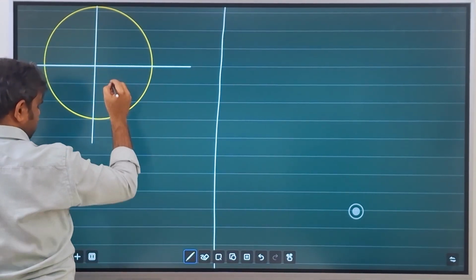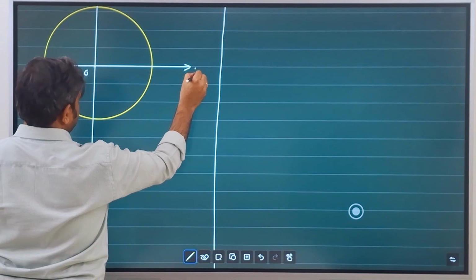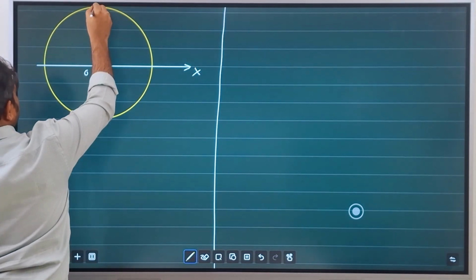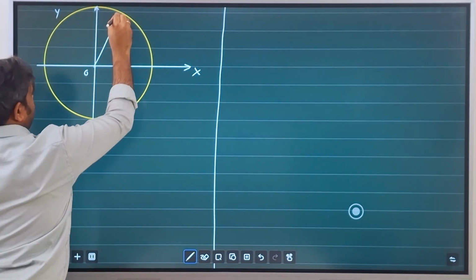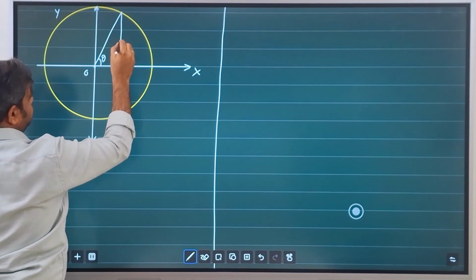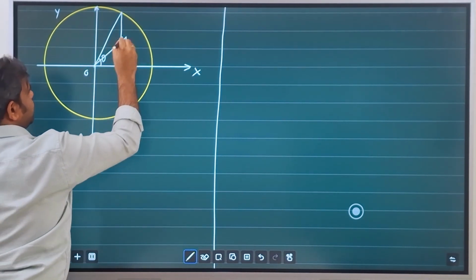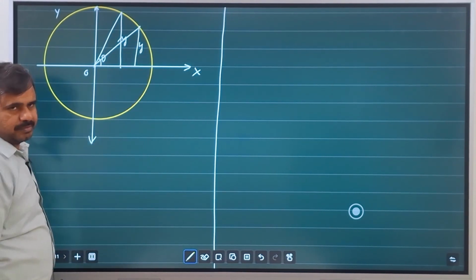It is the y-axis. This is the center of the circle, x-axis and y-axis. In the first quadrant, draw a right angled triangle. This is theta. Look at y. Decrease angle theta and draw one more right angled triangle. This is y.